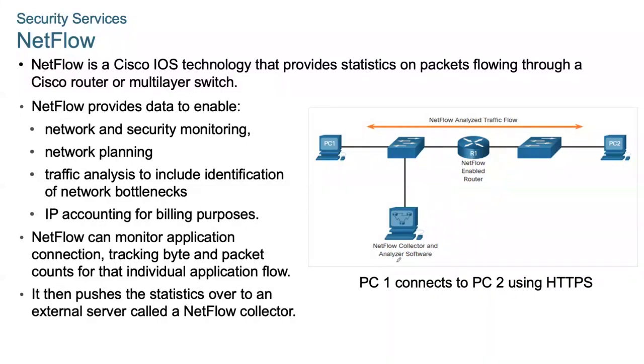We call that the NetFlow collector and analyzer software. So NetFlow can monitor that application connection, tracking byte and packet count for the individual application flow. It then pushes the statistics over to the external server. We call this the analyzer.